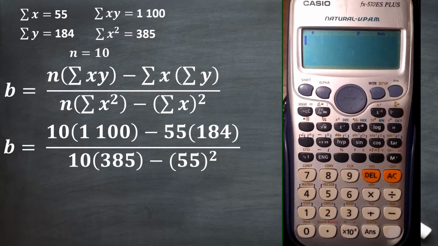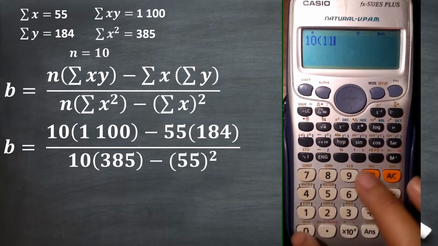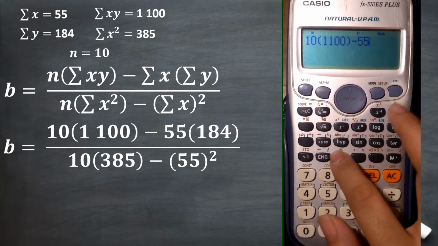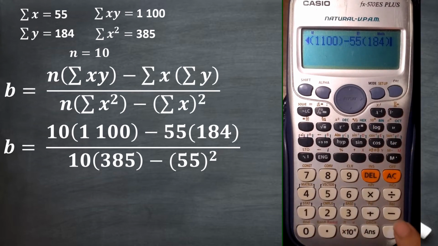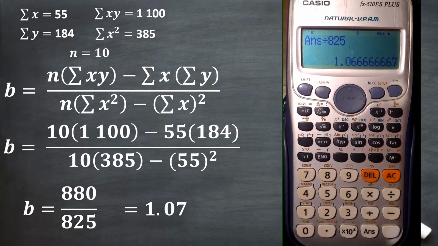As for the value of B, we have 10 multiplied by 1,100, close, minus 55 multiplied by 184. So we have 880, and getting the value for the denominator dun sa letter computation natin a while ago, we have 825. So dividing those two, the answer for B is 1.07.